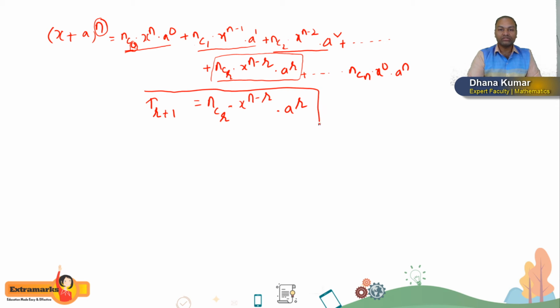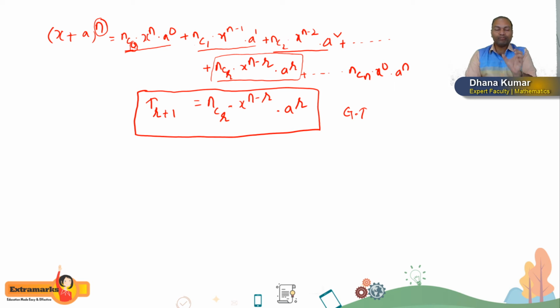This is called the general term. And what about the last term number n plus 1? In this expansion, total n plus 1 terms are there.